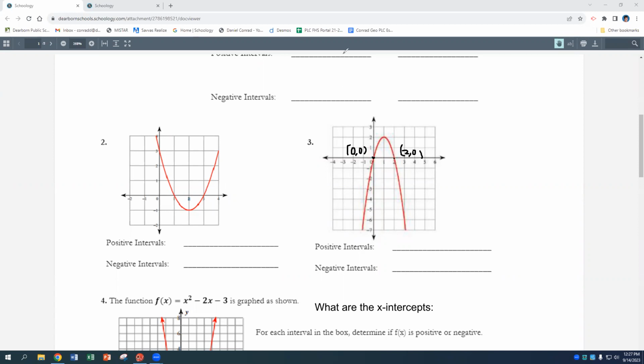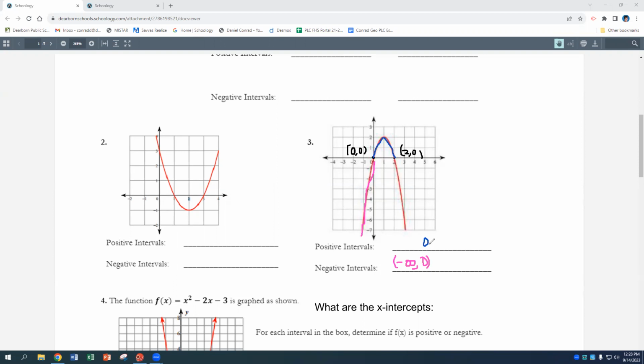Reading it left to right, I'm starting at negative infinity, underneath the x-axis, all the way to the left. So in my negative interval, I start at negative infinity. We're traveling right, but we're below the x-axis all the way until we hit 0. And then we become positive, from after 0 all the way up until 2.